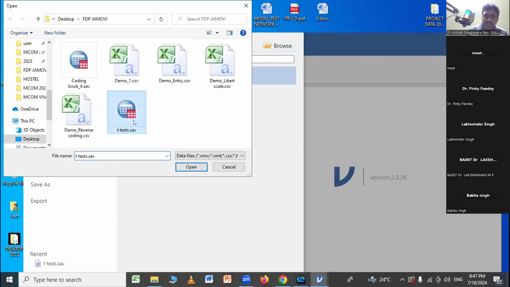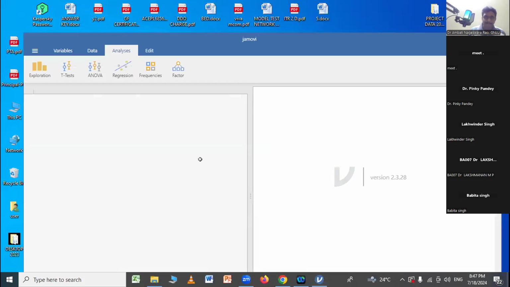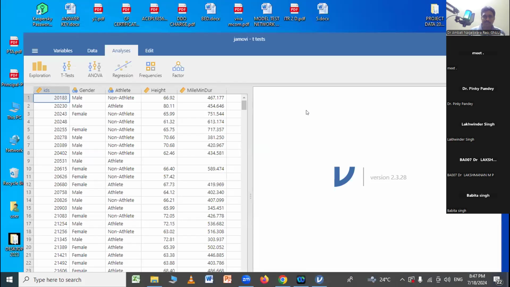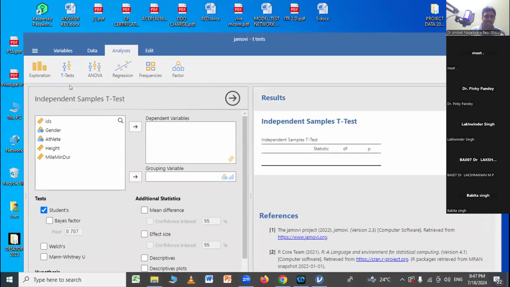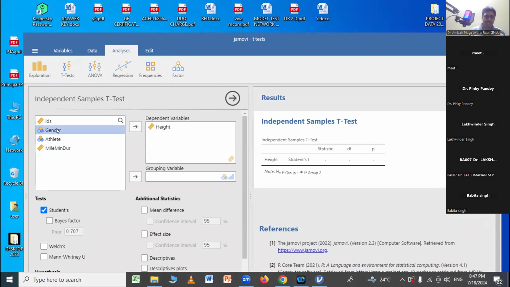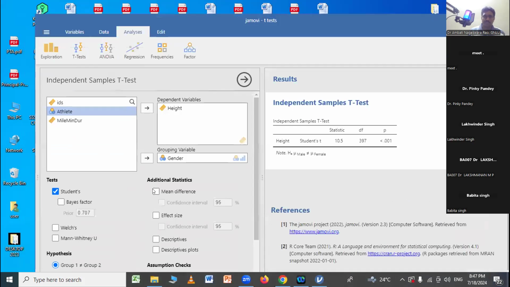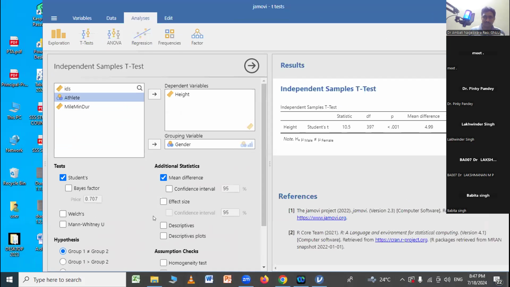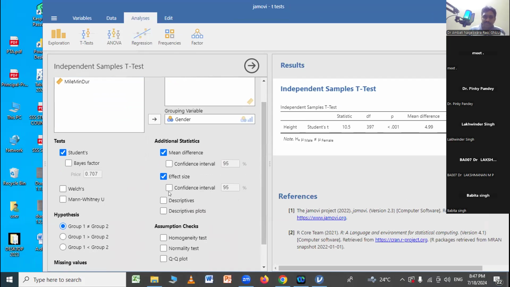I request all the members, please see our colleague, he is doing it. You can also select the confidence interval, sir. That is also one of the important things.